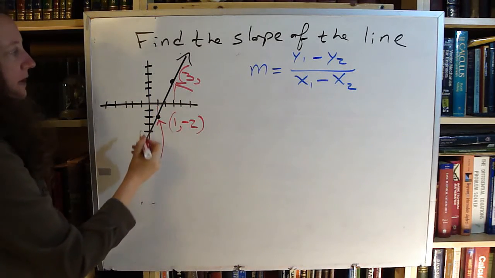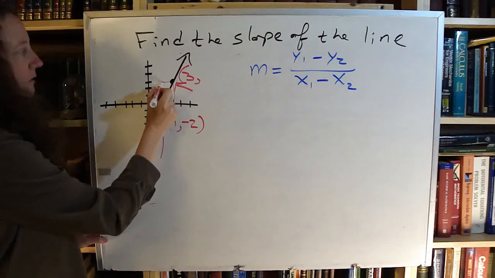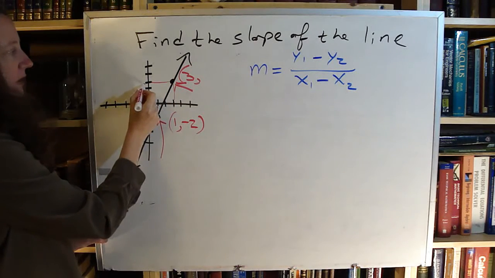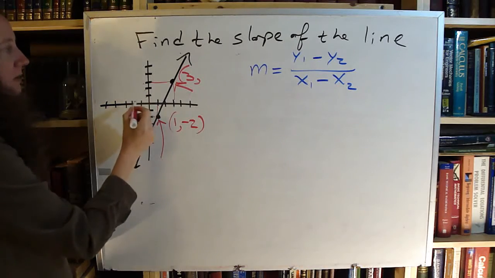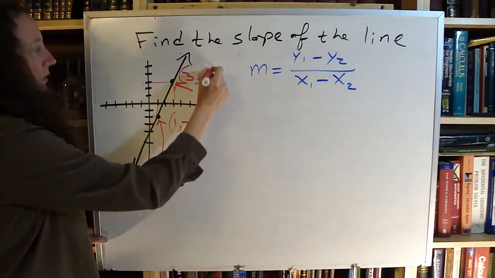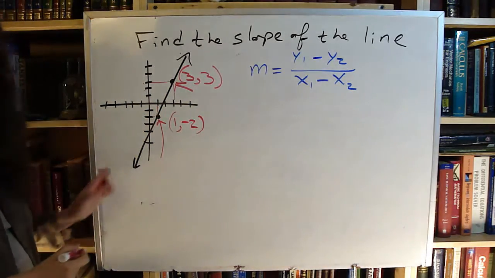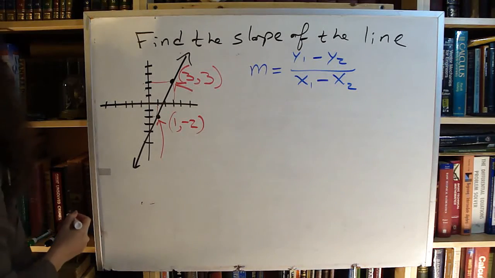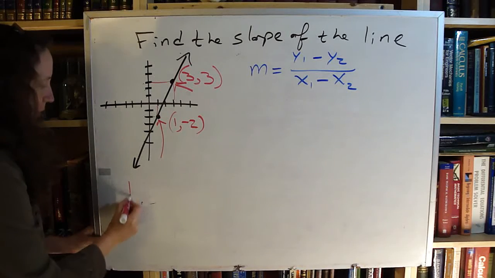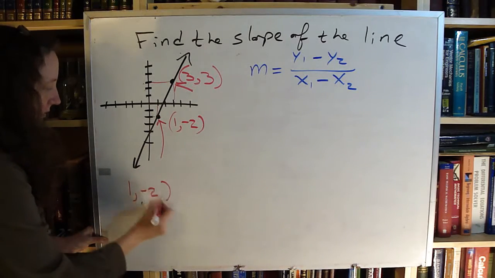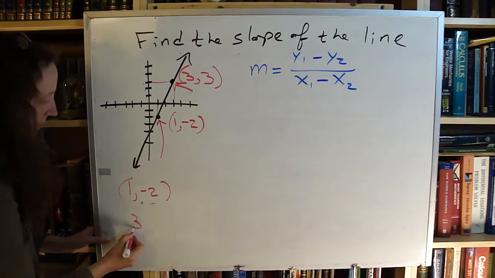What is my y value? Follow the line over. It hits here. So that's 1, 2, 3, up. So 3, comma 3. I'm counting by ones on this. So I have my 2 points, 1, comma, negative 2, and 3, comma 3.